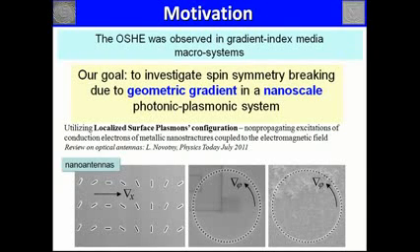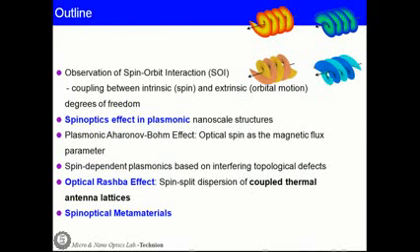We know that localized surface plasmons are non-propagating excitations of conduction electrons of metallic nanostructures coupled to the electromagnetic field. And in order to excite the localized surface plasmon configuration, we fabricated space-variant nano antennas, as you can see here, resulting in a geometric gradient in the nanoscale.